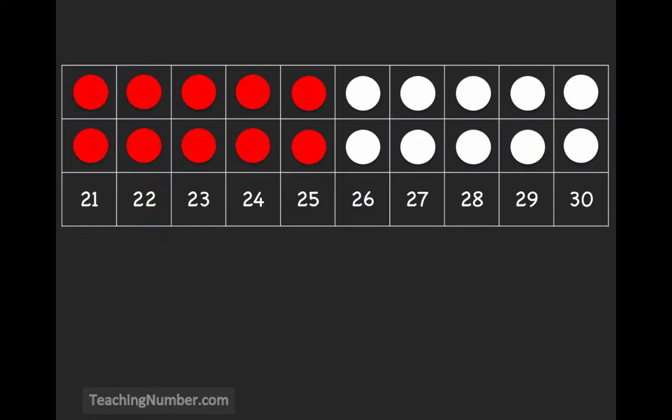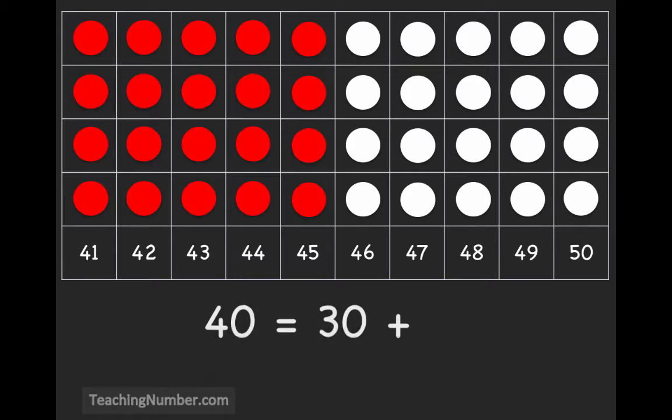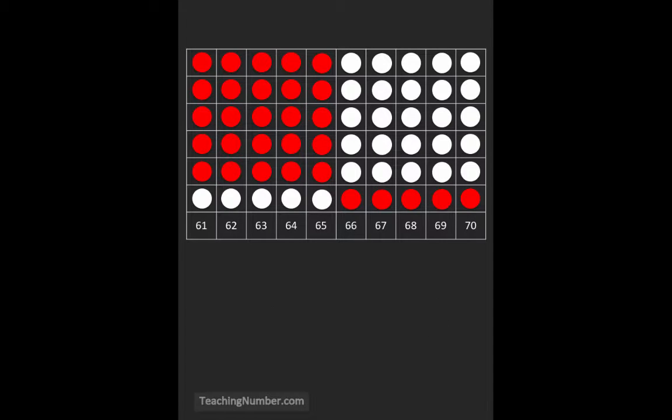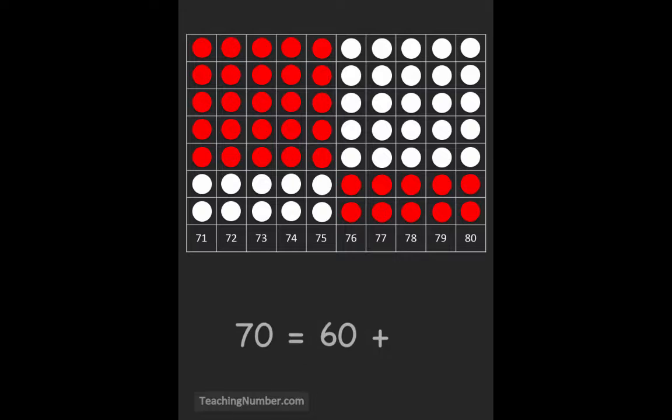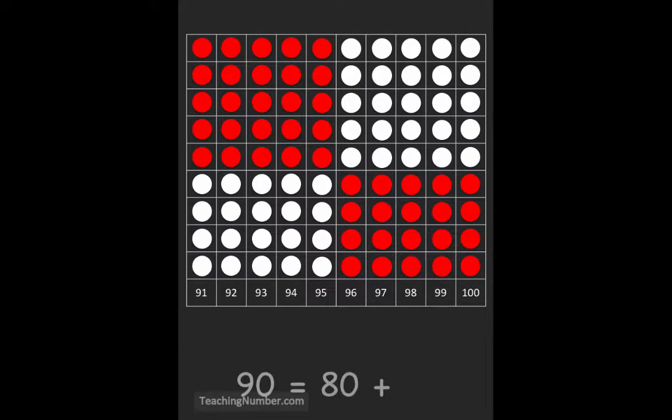This involves learning that 20 means 2 tens, 30 means 3 tens, 40 means 4 tens, 50 means 5 tens, 60 means 6 tens, 70 means 7 tens, 80 means 8 tens, 90 means 9 tens.